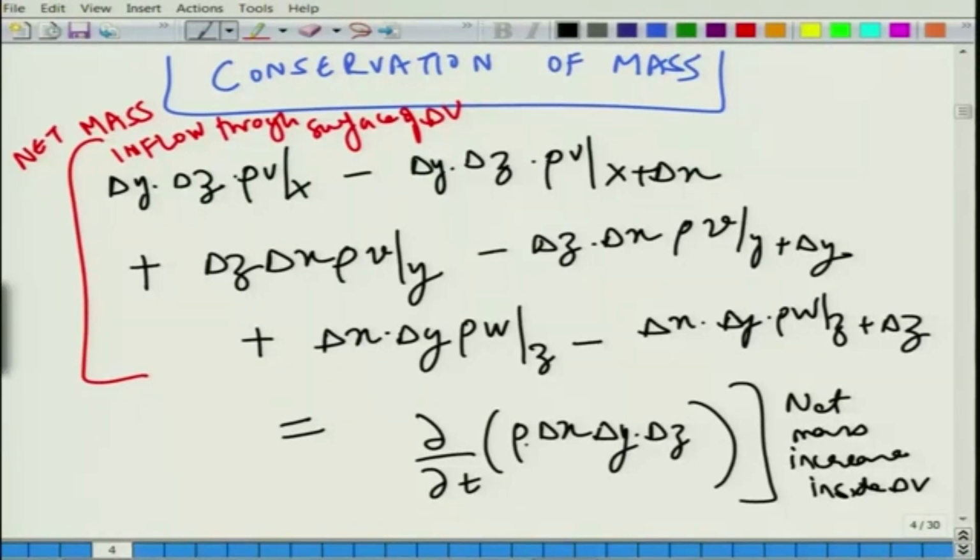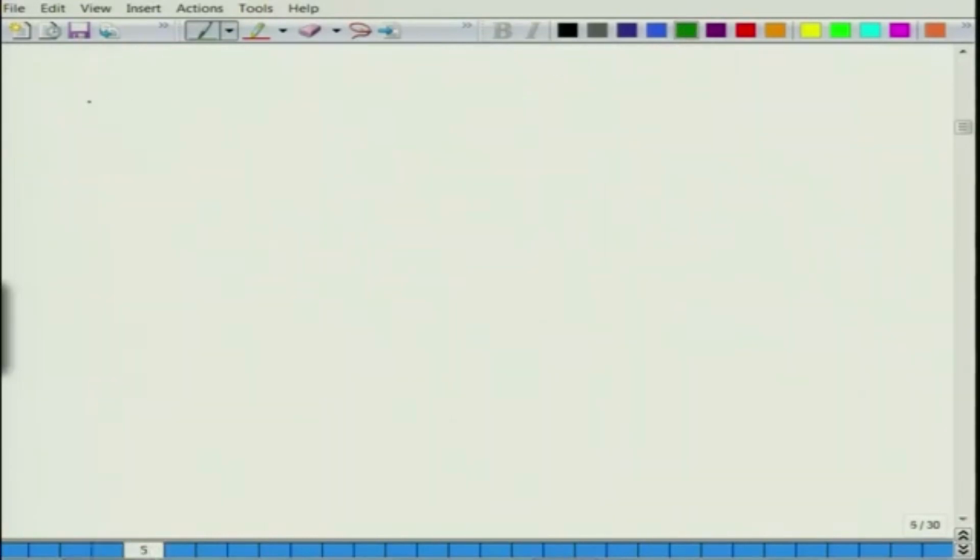Note that if we divide throughout by delta x, delta y, delta z, what will we get?